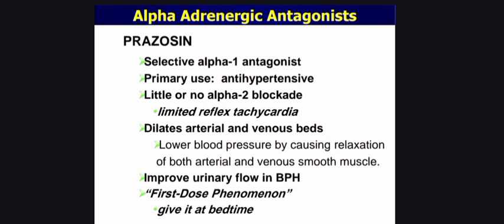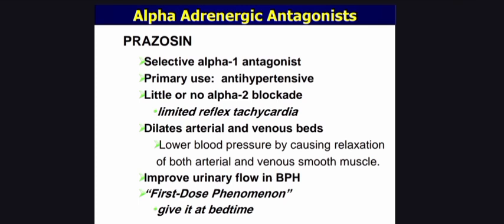So what is prazosin? Again, it's a selective alpha-1 antagonist, mainly used as an antihypertensive, but this is not its main indication, and it doesn't mean that it's the first choice as an antihypertensive. It doesn't have alpha-2 blockage, so we don't worry about exaggerated reflex tachycardia.